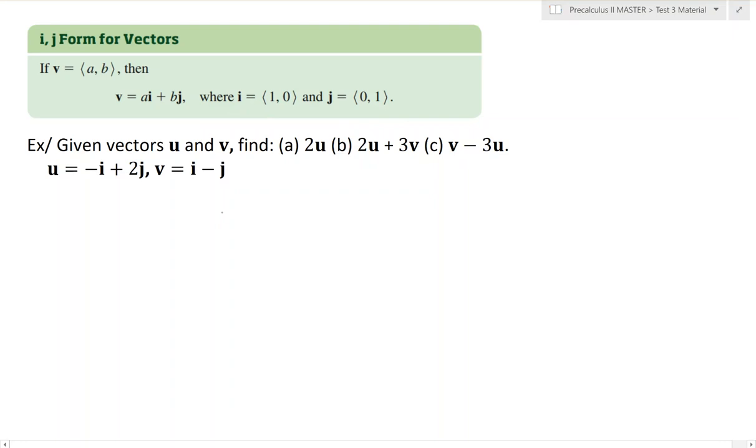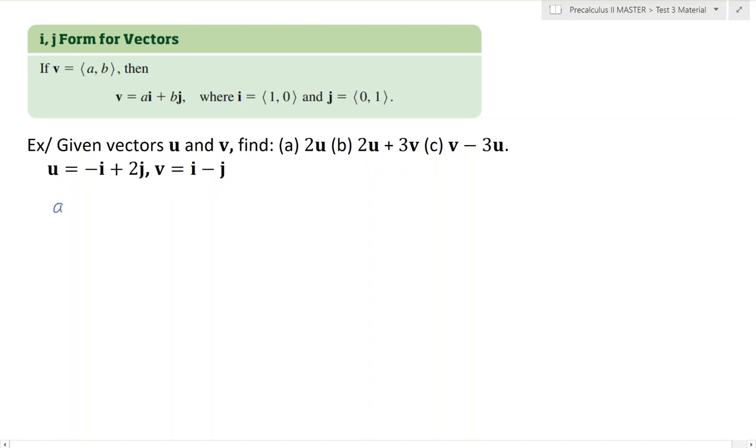If I have vectors u and v, we want to find 2u, 2u plus 3v, and v minus 3u. First off, vector u is given as negative 1 times the i vector plus 2 times the j vector, and v is given as the i vector minus the j vector.